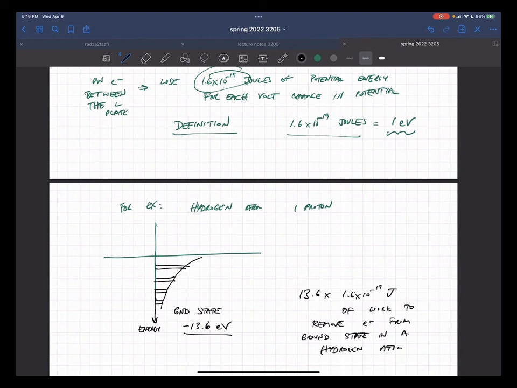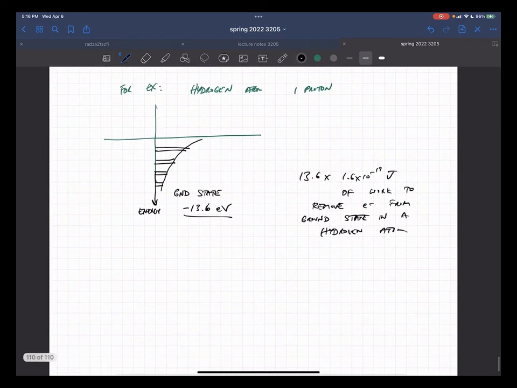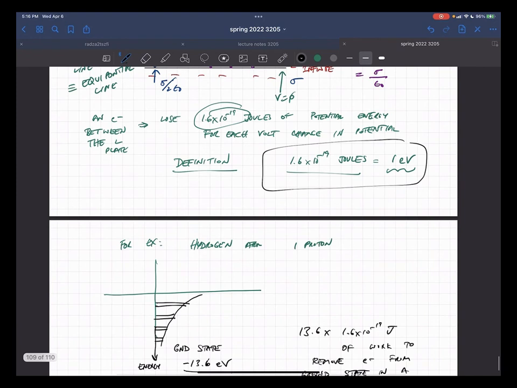And again, this unit of electron volt is something you may have seen if you've taken semiconductor classes or dealt with quantum mechanics. It's just a convenient unit of energy, a convenient definition when you're talking about individual electrons, etc.